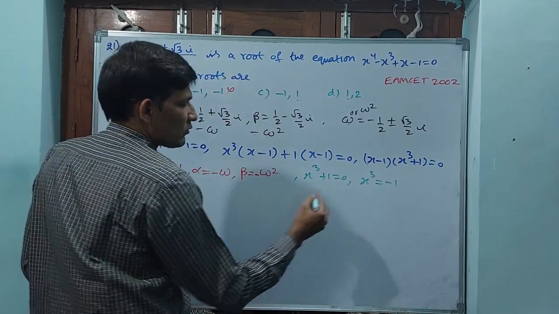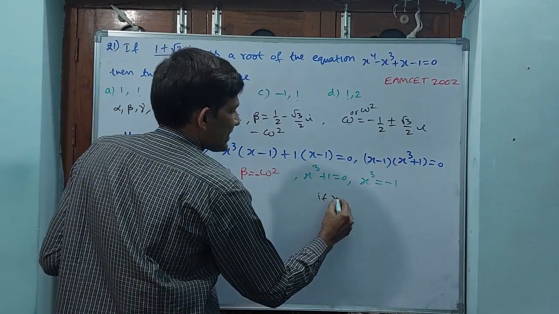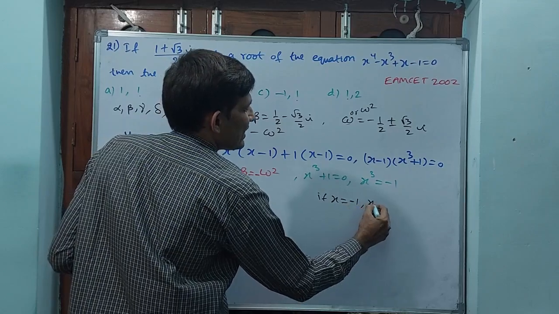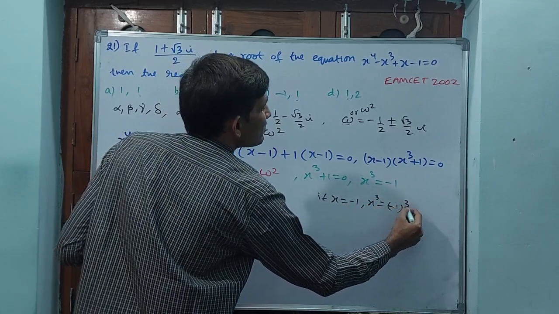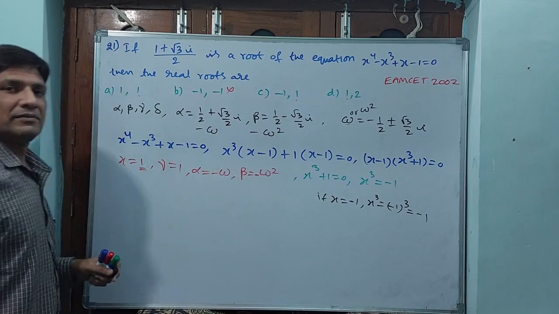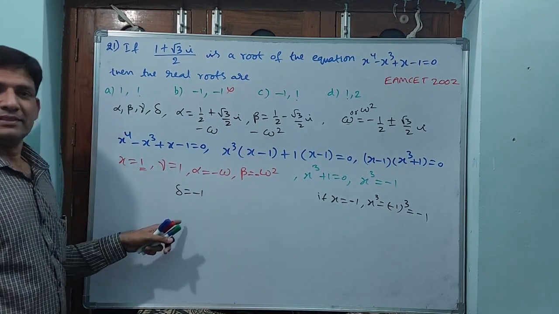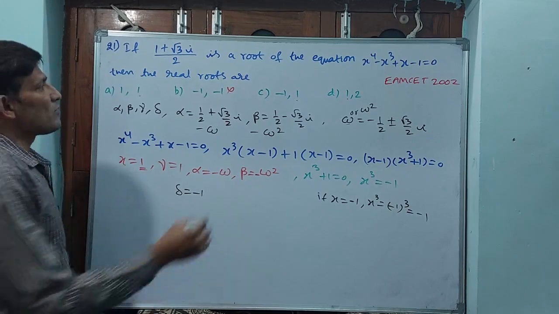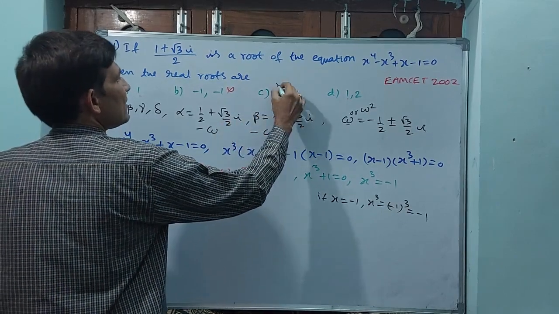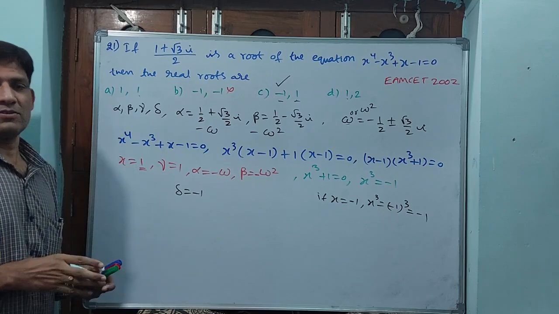We know about real roots. If x is equal to minus 1, then x cube is equal to minus 1 cube, that is equal to minus 1. That means delta is equal to minus 1. So the real roots are 1 and minus 1. Option C is your answer.